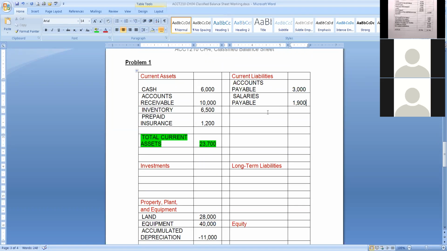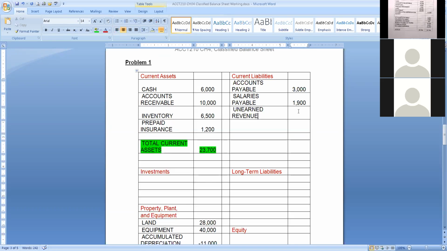And what else? Would it be bonds payable? Not yet on the bonds. Unearned revenue? Yep. Unearned revenue was 400. I think that's it.